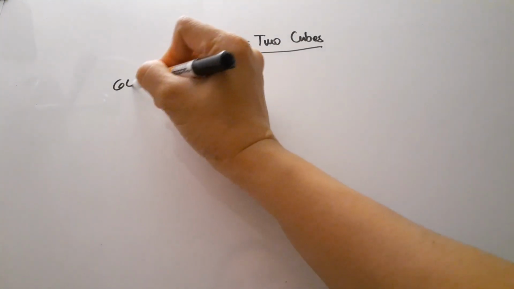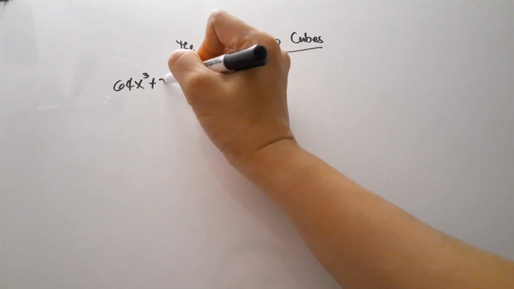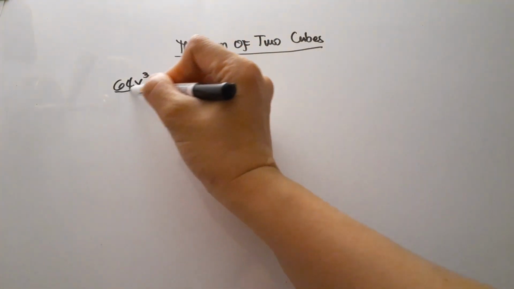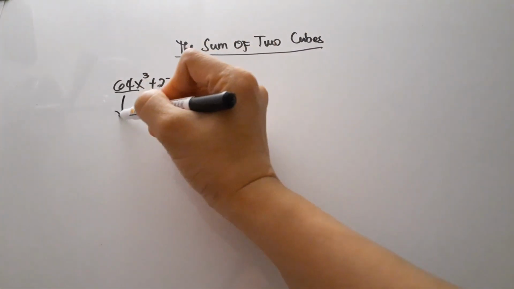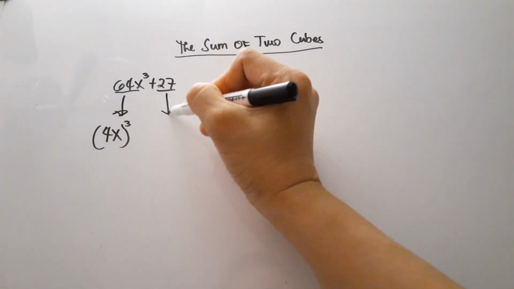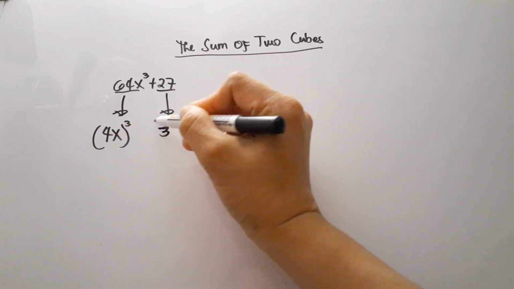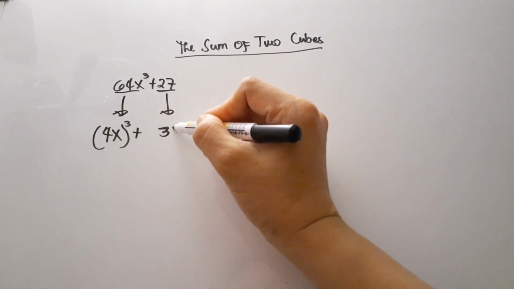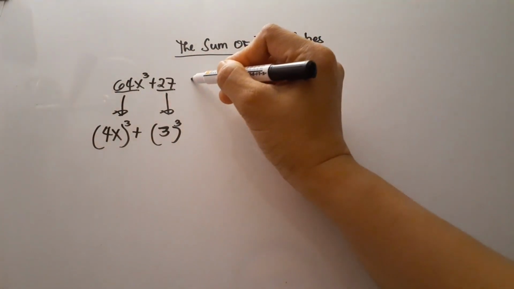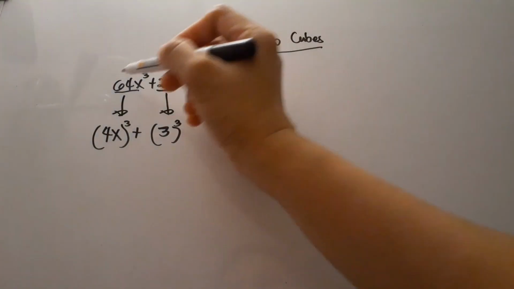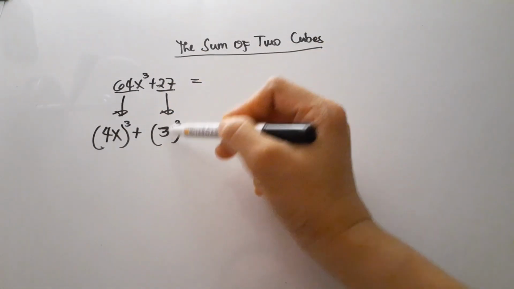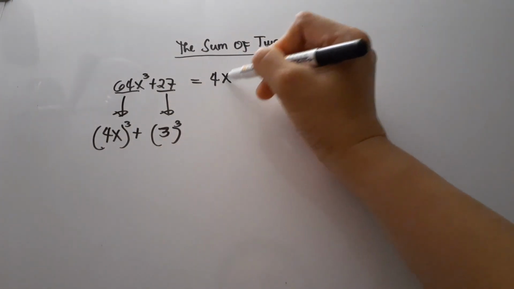Let's have 64x cubed positive 27. Since we factor first 64x cubed, we can have the cube root of 64 is 4, and then we can have 4x, then the cube root of 27 is 3 raised to the power of 3. Then we combine together for our first term. We can have 4x positive 3, which is our first binomial.